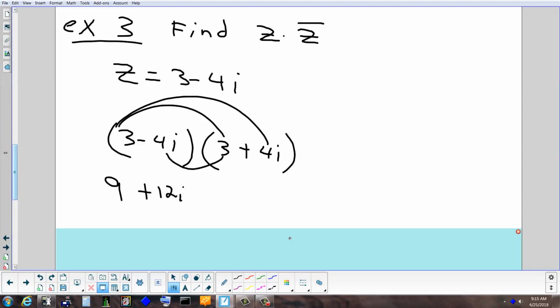Negative 12i. Look what just happened. Right? Positive 12i, negative 12i. What's going to happen to those? They're going to cancel. And every time you multiply conjugates, that's going to happen. But let's keep going first. Negative 4i times positive 4i. Anyone think they can tell me what that comes out to?